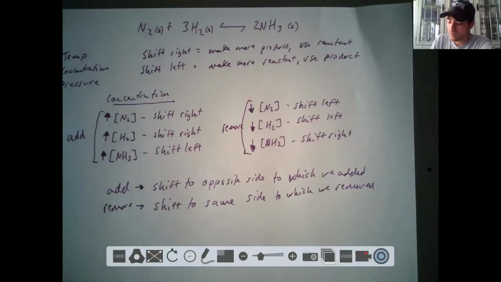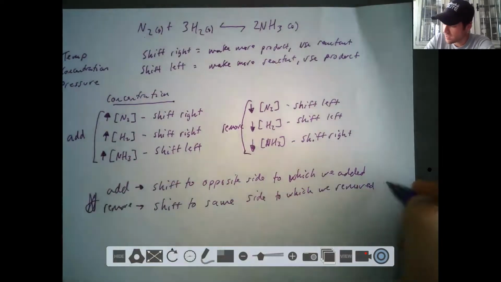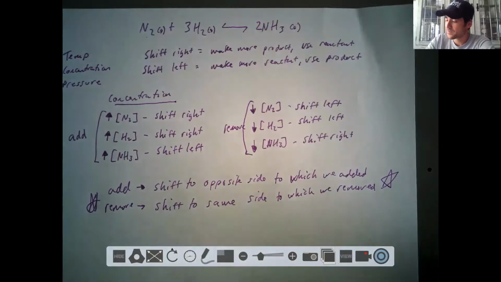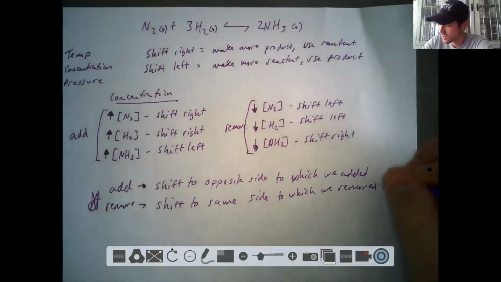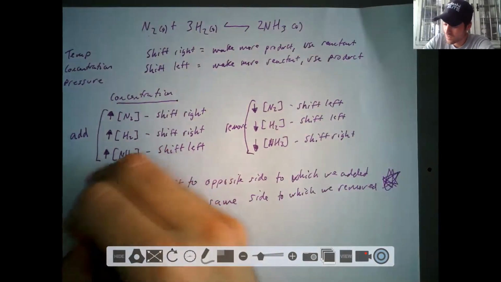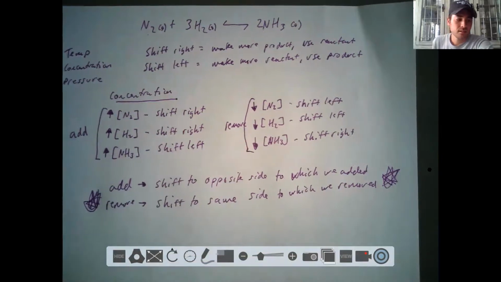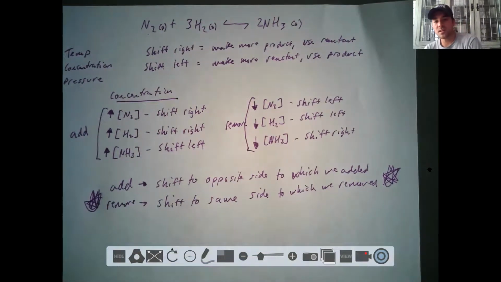So in general, I would make sure you know that. Those are stars. So if we add, we're going to shift to the opposite side. If we take away or remove, we're going to shift to the same side.